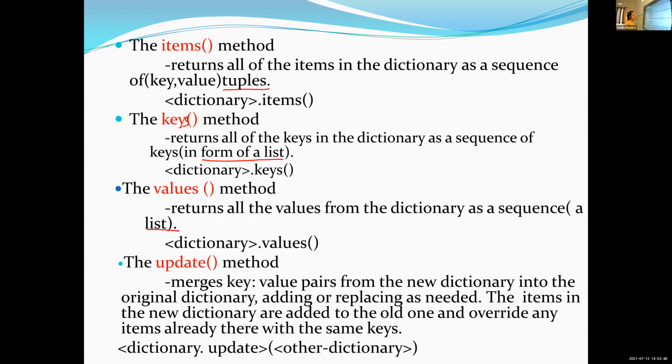Here also it is in the form of a list. The keys method returns all of the keys in the dictionary as a sequence in the form of a list. The syntax is dictionary.keys. And also write the values method. The values method returns all the values from the dictionary as a sequence, and it is also in the form of a list.